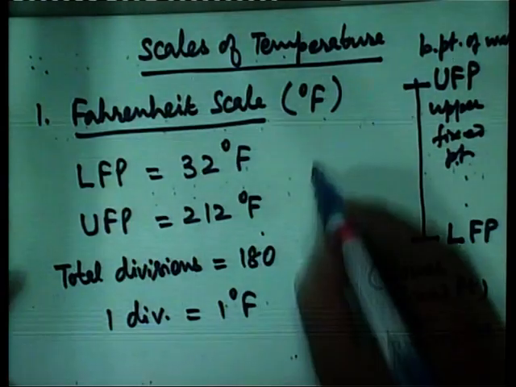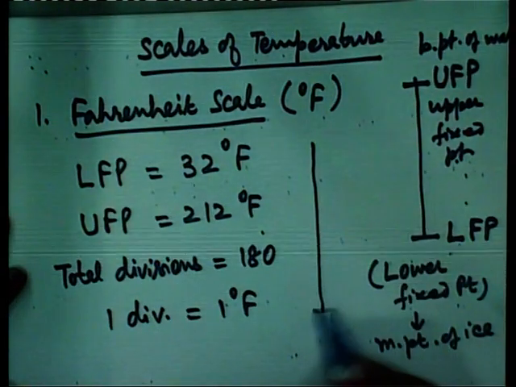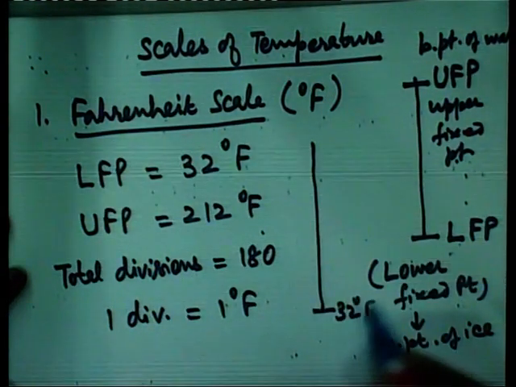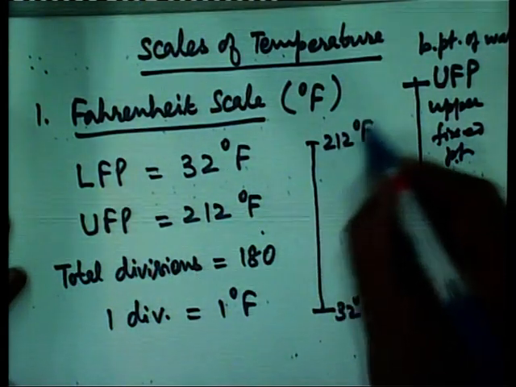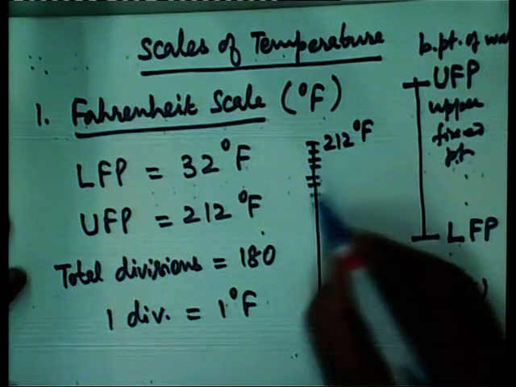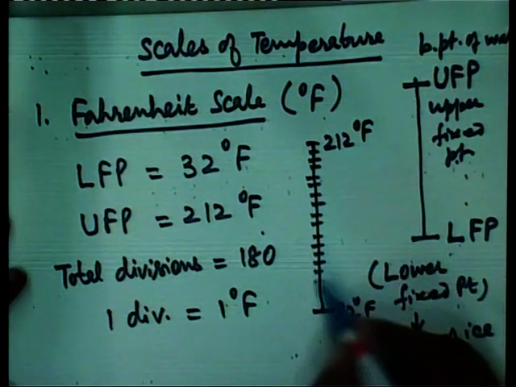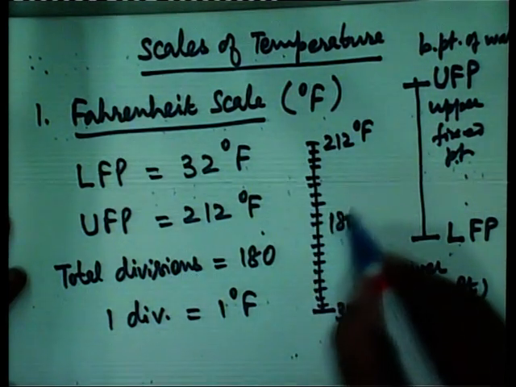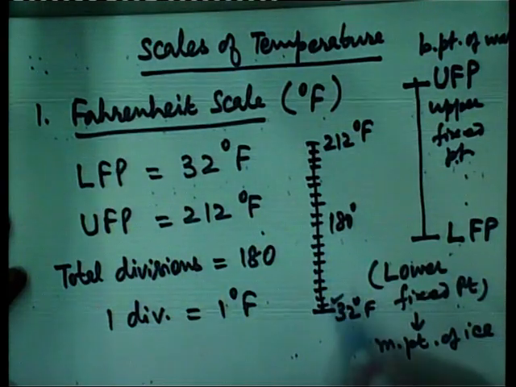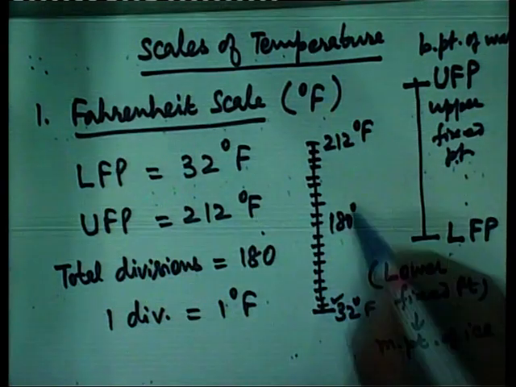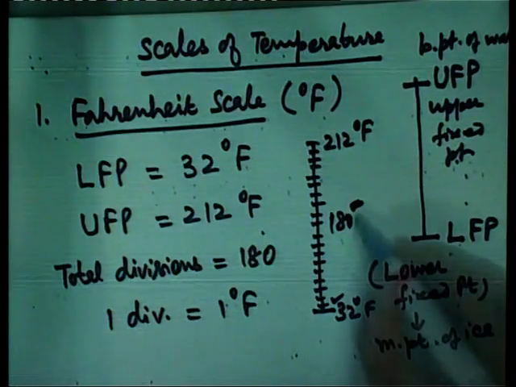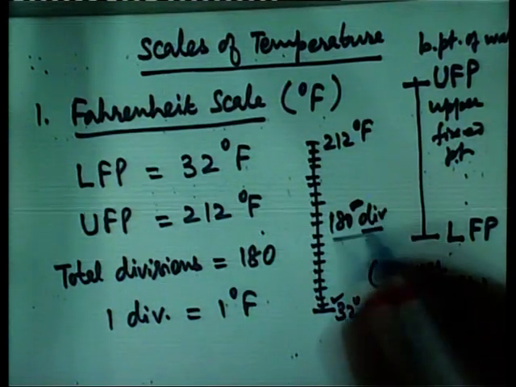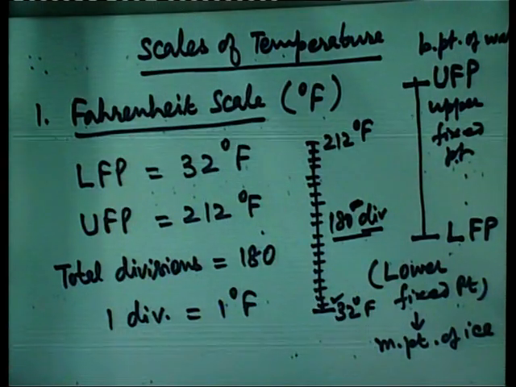So in this scale you will have 32 degree Fahrenheit, upper will be 212 degree Fahrenheit, total divisions will be 180, and one division will be 1 degree Fahrenheit.